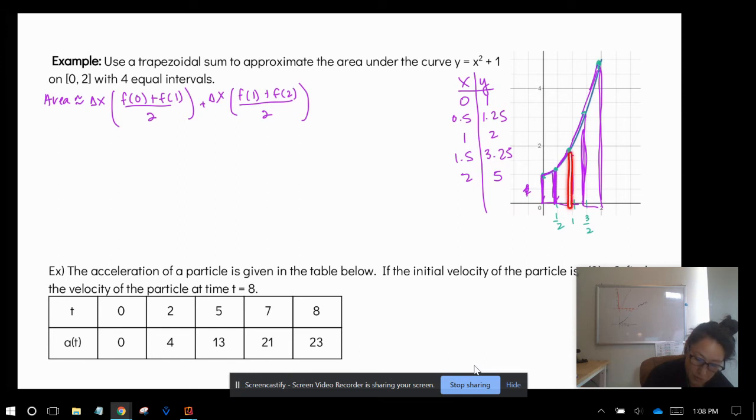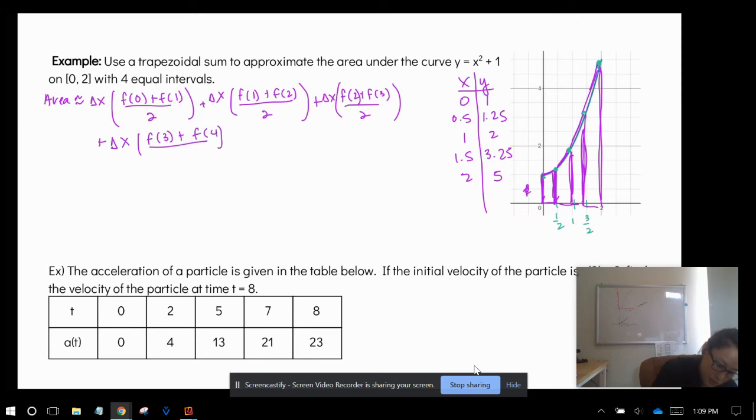Now I'm going to take f of 2 plus f of 3, so plus delta x times f of 2 plus f of 3 over 2. And then one more, f of 3 plus f of 4. I'm going to run out of room, so I put it underneath. Plus delta x times f of 3 plus f of 4 over 2.